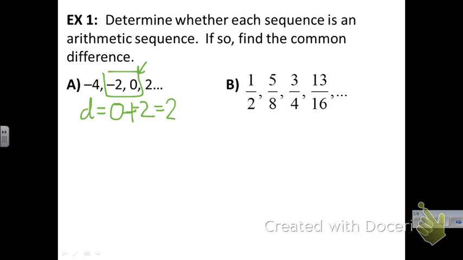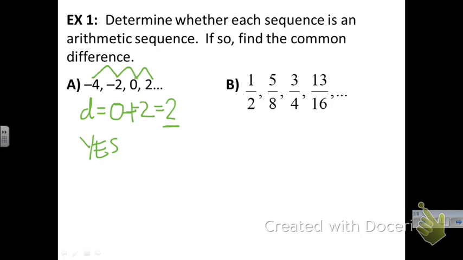Another way to look at this is to say, what are we doing to get to the next term? You can see that we are adding 2, so that common difference is 2. Because we are adding the same term, or if we were subtracting a term and that was consistent each time, then we can say, yes, it is an arithmetic sequence.